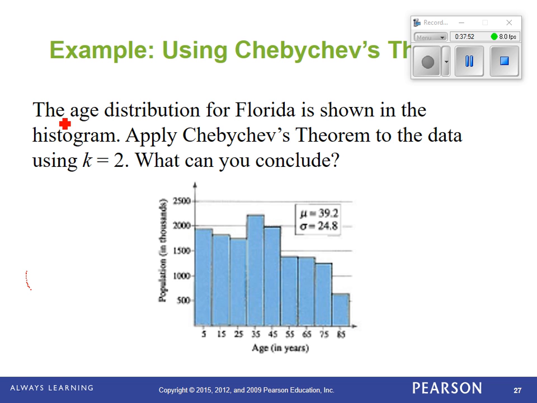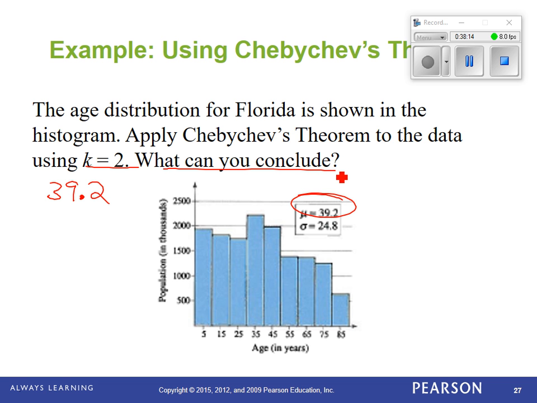So if we're looking at this, they tell us mu this time is 39.2. Remember, that's our mean. The age distribution of Florida is shown in the histogram. Apply Chebyshev's theorem to the data using k as 2. What can we conclude? You've got to be able to make these conclusions.